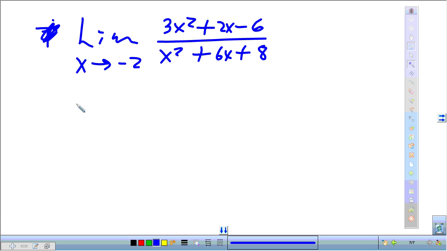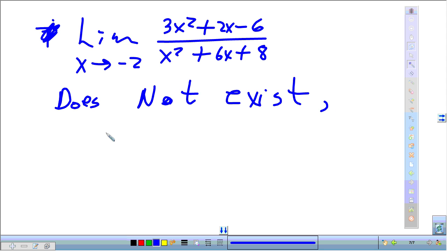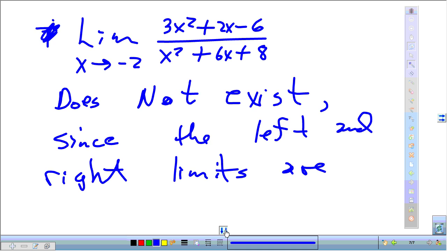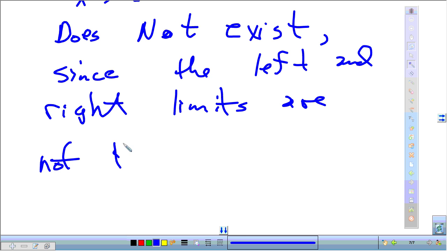So we can't put those together. So left and right limits are not the same, so we don't get a limit.